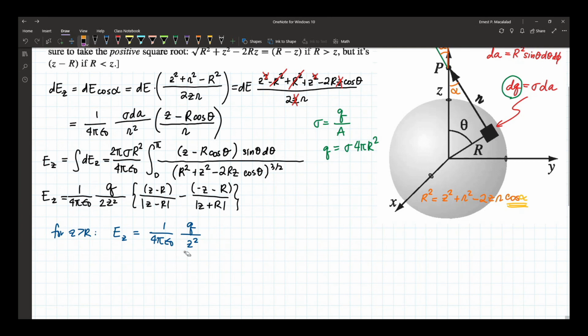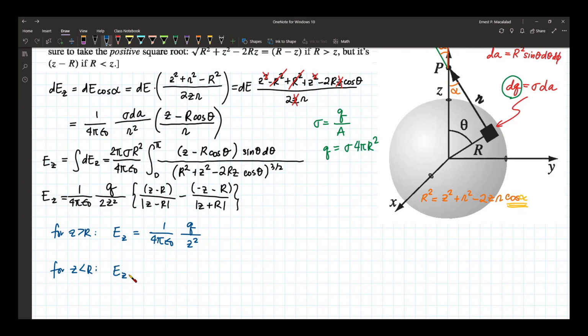So what do you notice here? This is just like a point charge. That's 1 over 4 pi epsilon naught times Q over z squared, where z is the distance of your point from your charge. Now, how about inside, for z less than r?